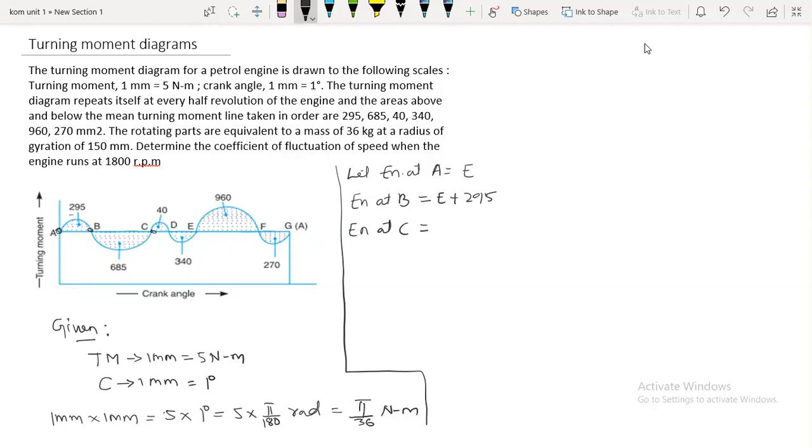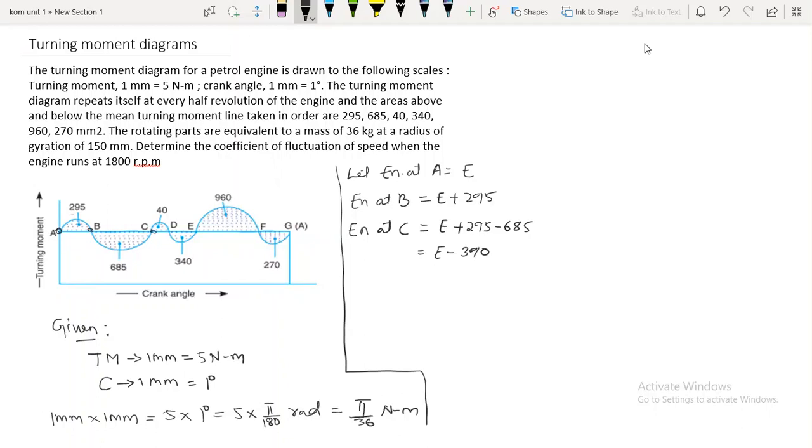Therefore it is E plus 295 minus 685, which gives E minus 390.